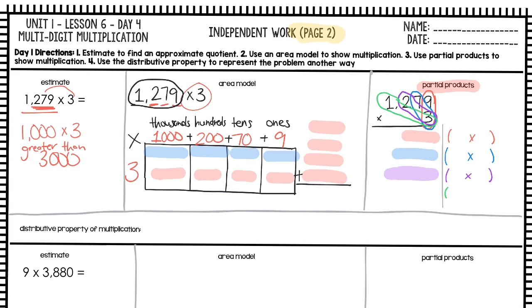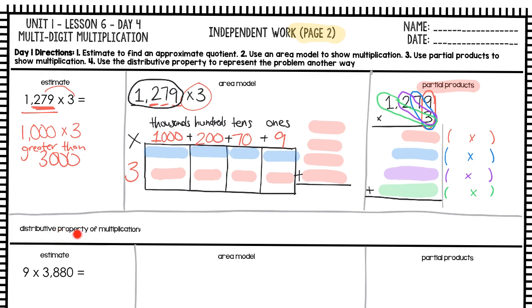So it's going to be 1,000 times 3, which is what you know. Then we're going to add those together. And your answer should be the same as what we did in the area model, which is greater than 3,000.